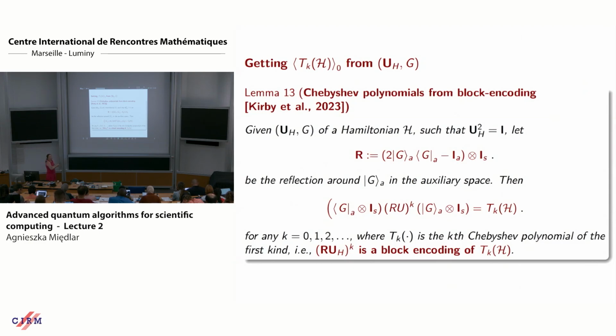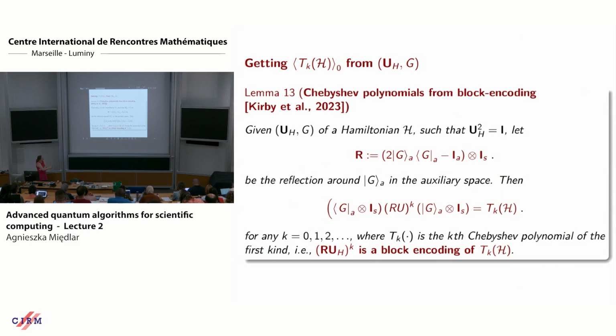So that R before was 2 pi minus identity. This was the reflection with respect to the standard basis. But you can do reflection with respect to whatever basis of the Hilbert space you have. This is just a more general framework in here.